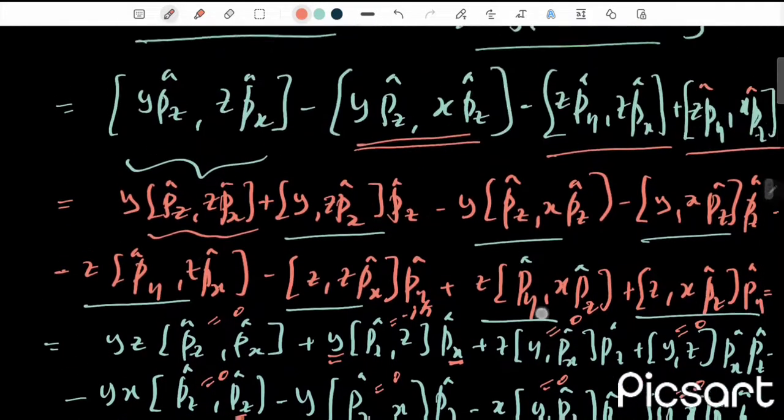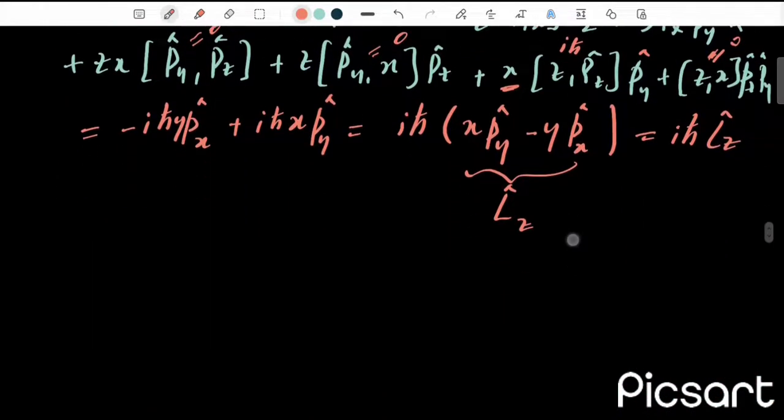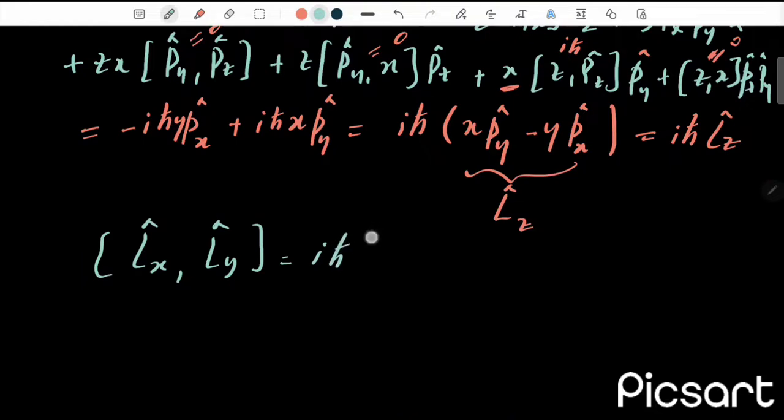This means that the commutator of the x component of angular momentum with the y component of angular momentum is equal to i times h bar Lz.